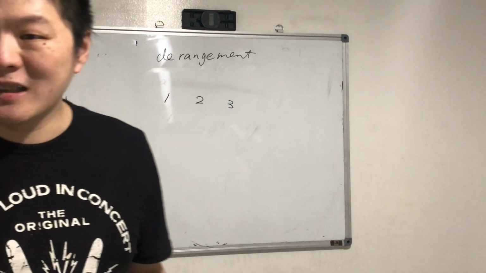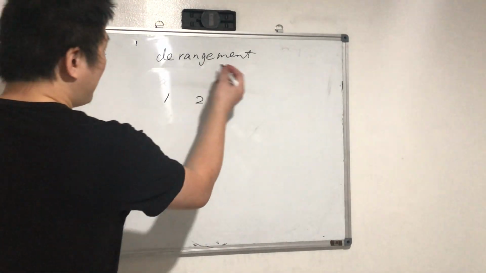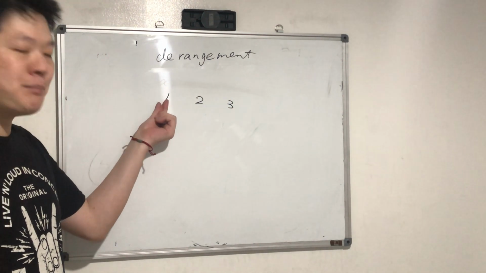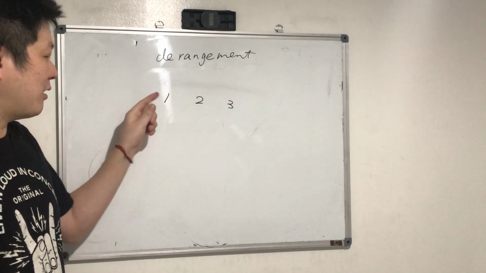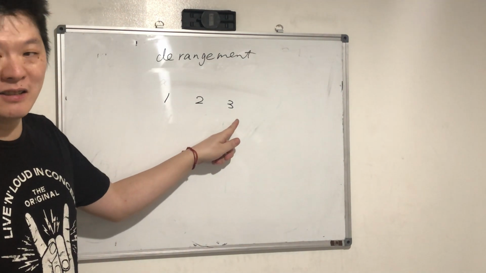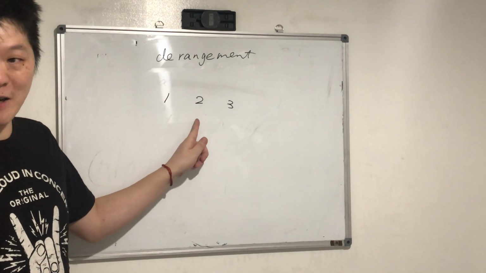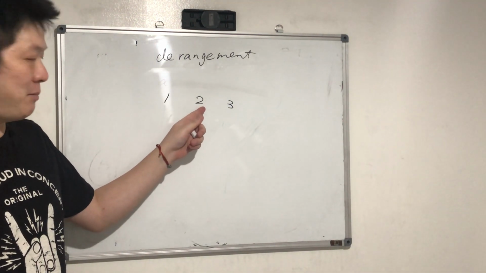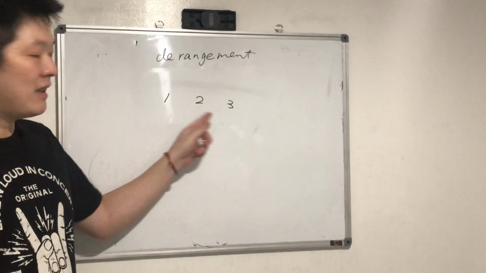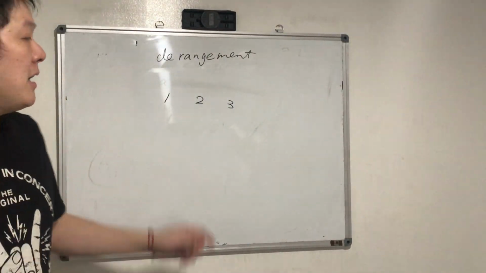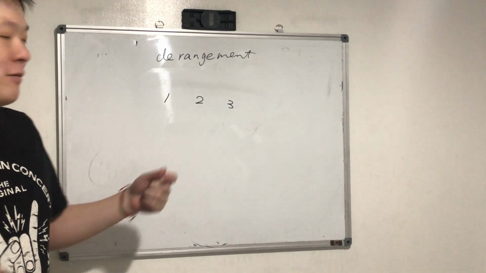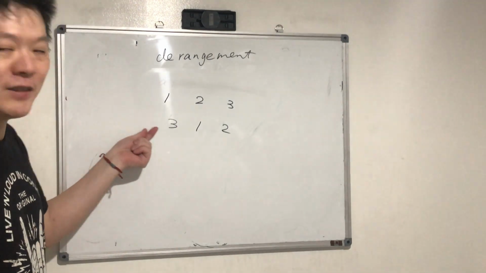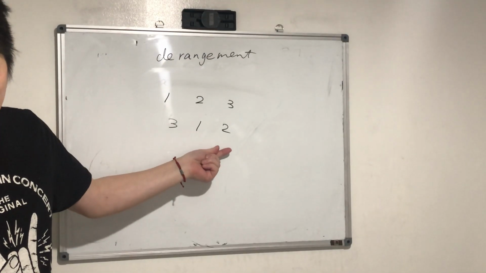So the derangement means that no number can be in its own position. 2 cannot be in second place, I just want it to be in other places. For example, 3, 1, 2 is one of the derangement permutations.